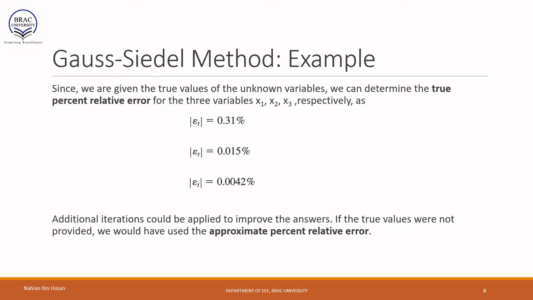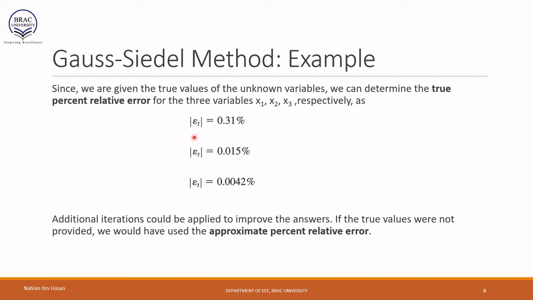So once we have determined the approximated values for x1, x2, and x3, we are going to find out the errors. Okay, so the errors are necessary to stop the iterations. So since we are given the true solutions, we are going to determine the true errors. That means epsilon t.